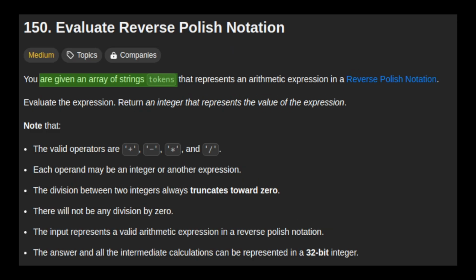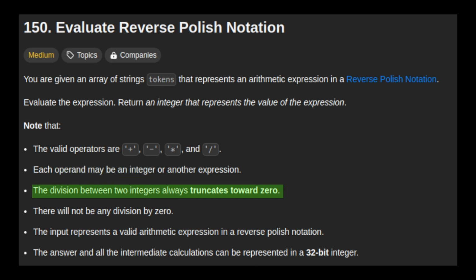We are given an array of strings called tokens that represent an arithmetic expression in reverse Polish notation. We need to evaluate the expression and return the result of that expression. The valid operators are addition, subtraction, multiplication, and division. Operands are integers.